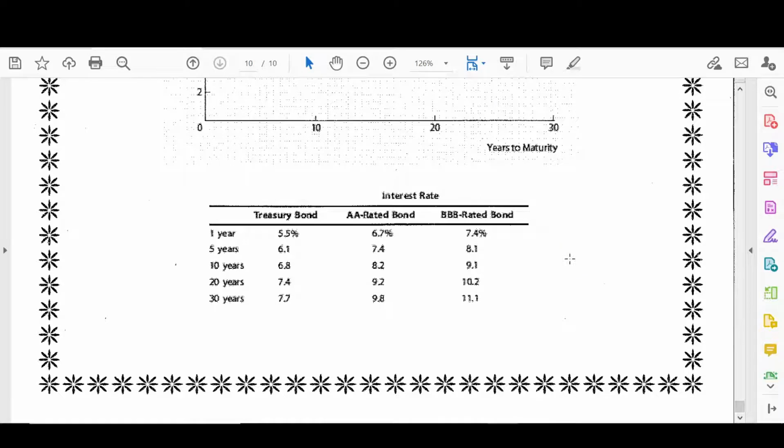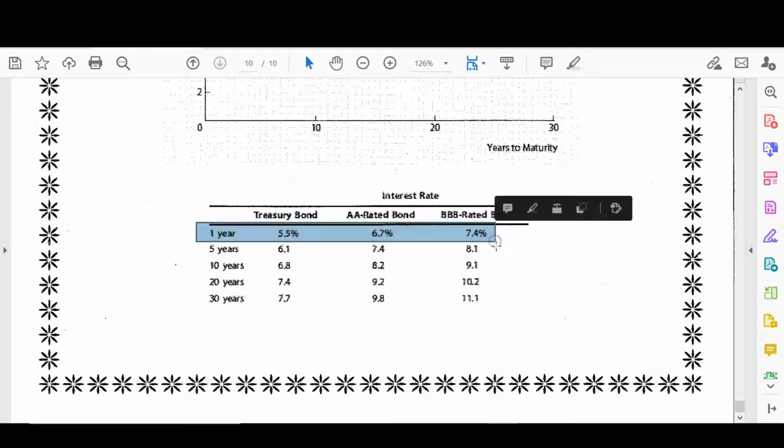Okay, let's look at the last graph here for the treasury bond, AA rated bond, and BBB rated bond. We can see that from 1 year to 30 years, all three bonds have increasing interest rates as time goes up because of the higher MRP. But for bonds with the same maturity, such as the 1 year bond, the AA rated bond has a higher interest rate than the treasury bond because it has higher risk.